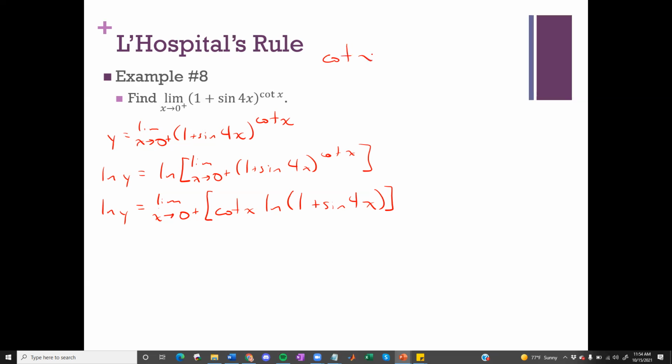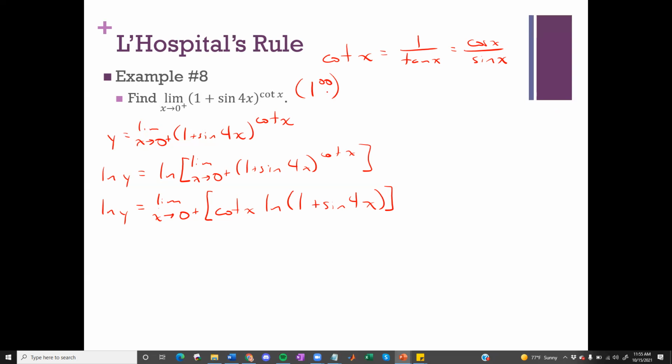Cotangent of x is equal to 1 over tangent of x, or cosine of x over sine of x. If x is positive but getting closer and closer to 0, cosine of x is going to get closer to 1 and sine is going to get closer and closer to 0. So what you really have here is this 1 to the power of infinity indeterminate form.